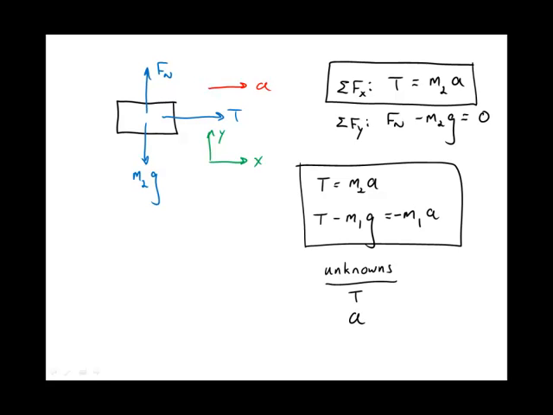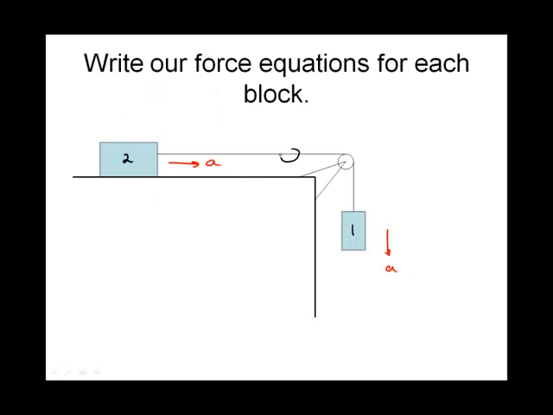Now because the rope is massless, if I take a look at a little piece of that rope, say right there, and I analyze that little piece of that rope, then that little piece of rope has a force in this direction, let's call it T to the right, and a force in that direction, let's call it T to the left.